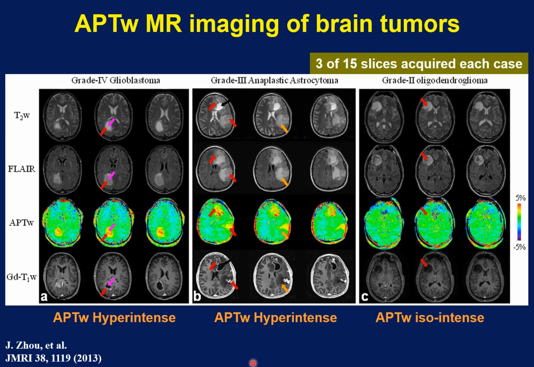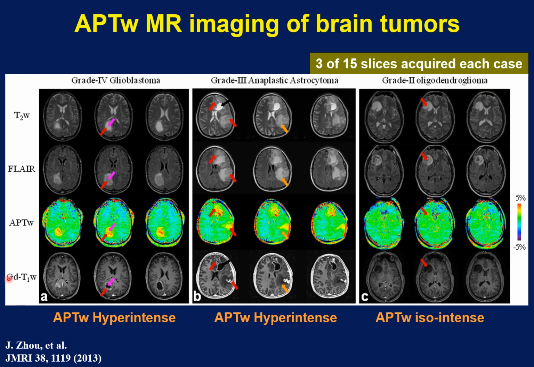This slide shows 3 examples of APT-weighted imaging of brain tumor: grade 4, grade 3, and grade 2. T2-weighted is still hyperintense. FLAIR shows hyperintense. And APT shows hyperintense in grade 4 and grade 3, and isointense in grade 2.